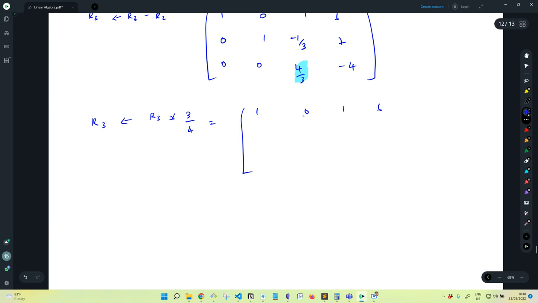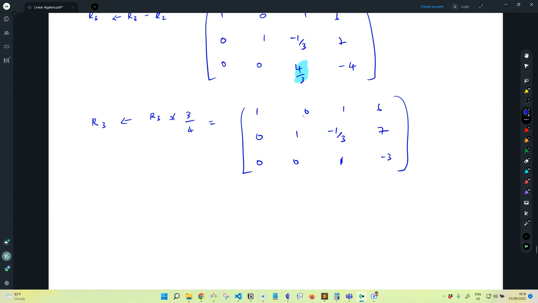If I apply this operation, the matrix that I will get is 1 0 1 6, 0 1 minus 1 by 3 7, 0 0 3 by 4 and minus 3. Sorry, this should be 1. Minus 4 into 3 by 4 will be minus 3.